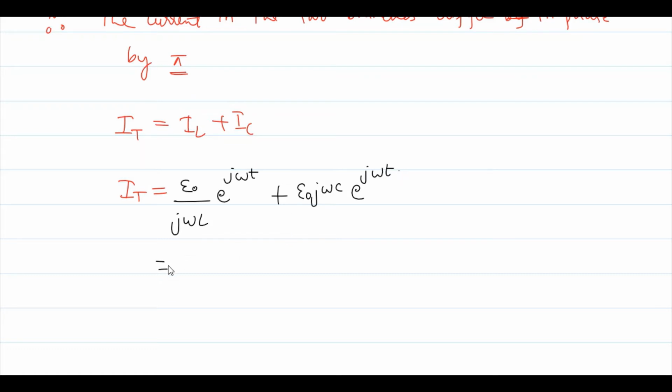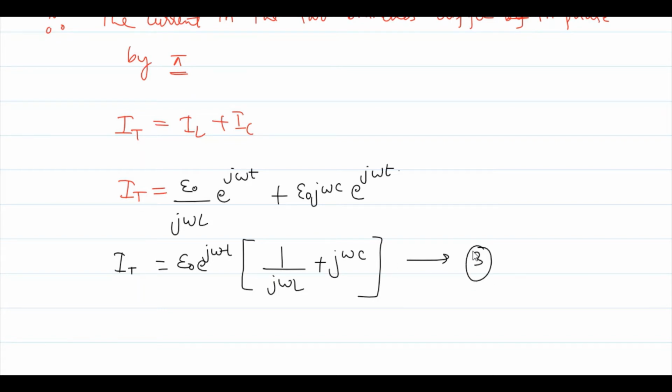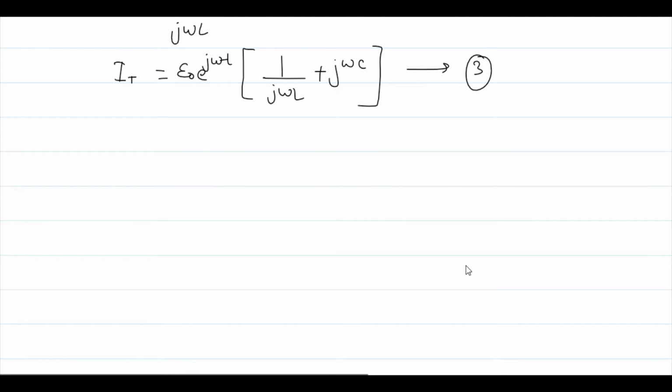Writing the j terms separately, I take the common terms EMF naught e power j omega t outside, and I am left with 1 divided by j omega L plus j omega c. I will call this the third equation, and take it for further calculation of impedance or admittance. So this is the total current expression.